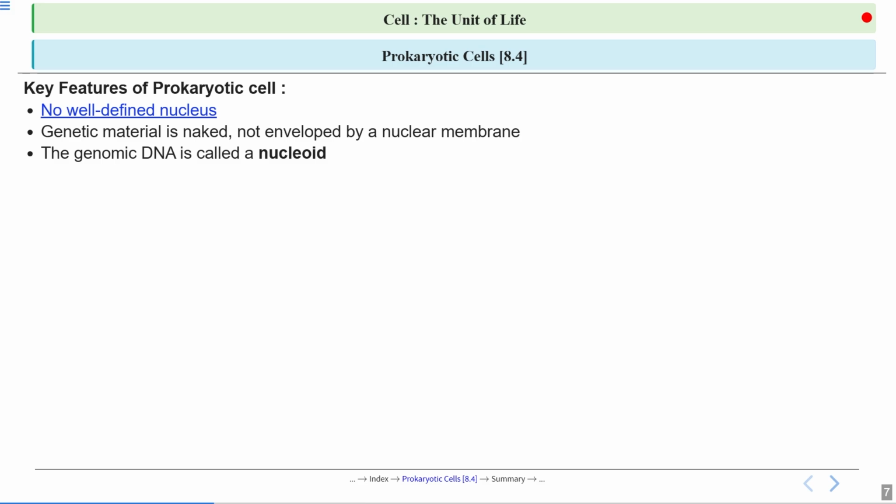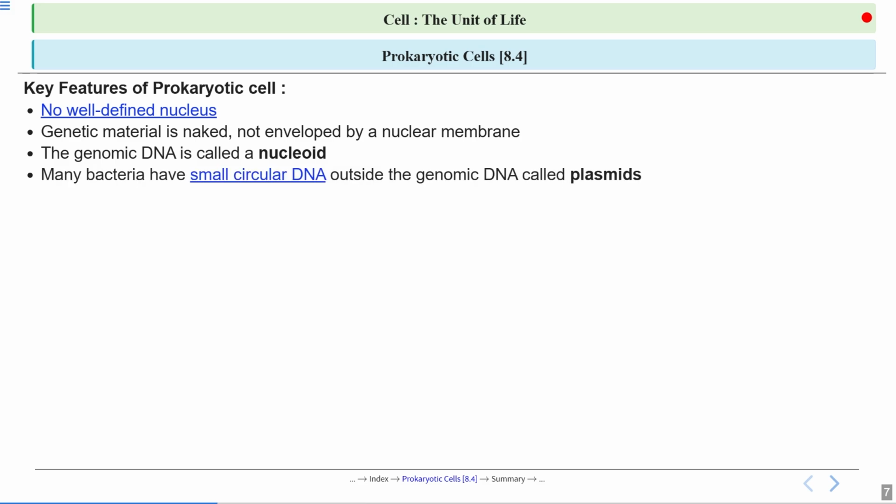Genomic DNA is present in the nucleoid. Apart from this genomic DNA, many bacteria have small circular double-stranded DNA known as plasmids.